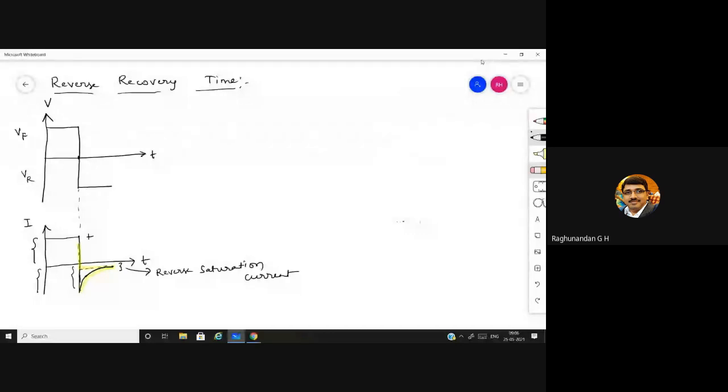At this particular time, the diode reaches its reverse saturation level. This is what actually is expected. So that expected level is reached after some time duration.